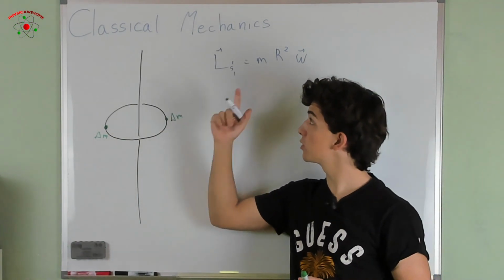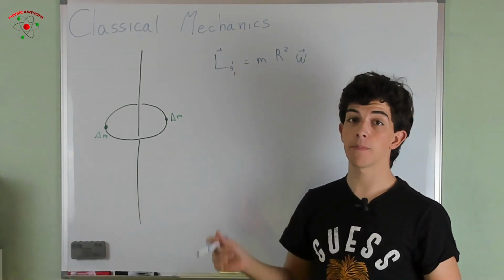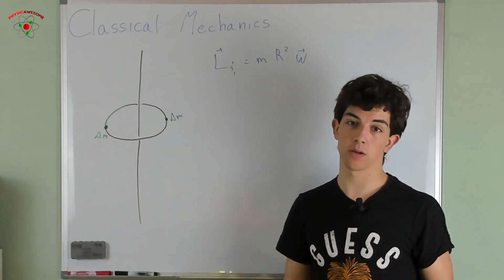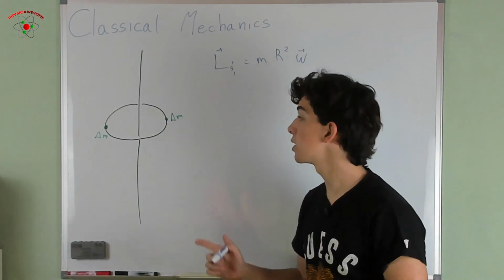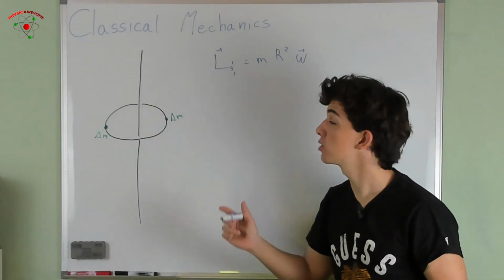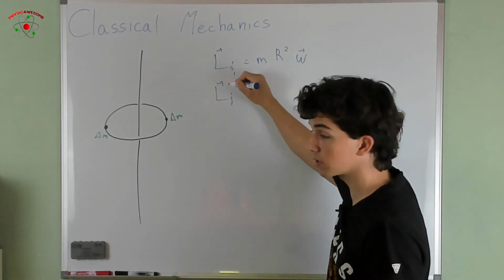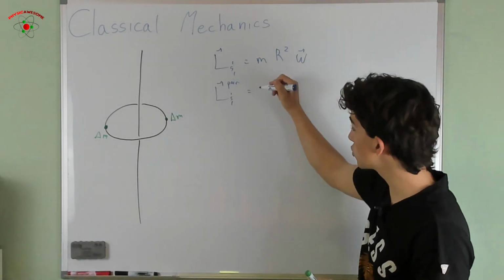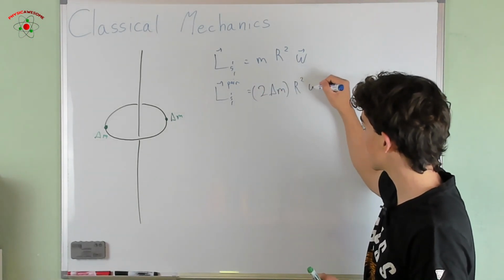Knowing this, we can still use this formula, as angular momentum can be superposed. If we have two particles with a set of angular momentum each, we can just add those two angular momentums. In this case, both of them point towards the same direction, so they add to each other, and we find that in this system, through this axis, L per equals 2 delta m r squared w.